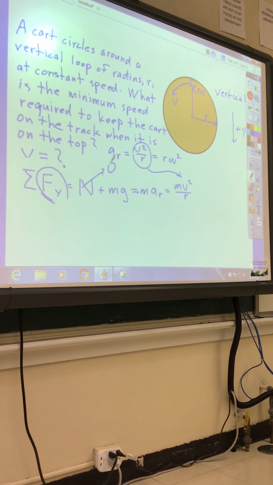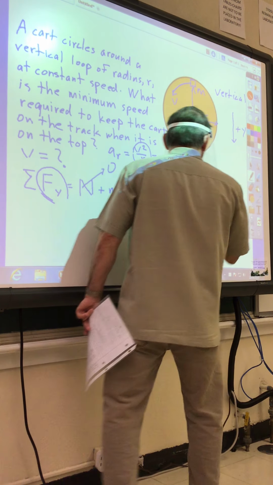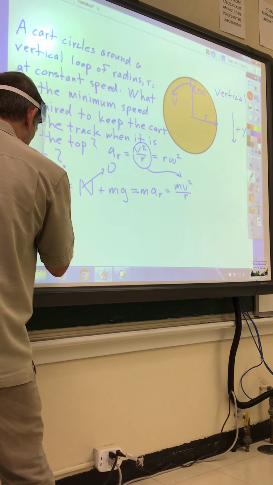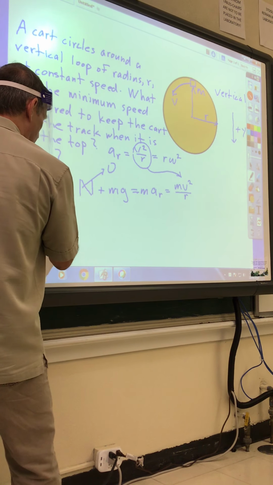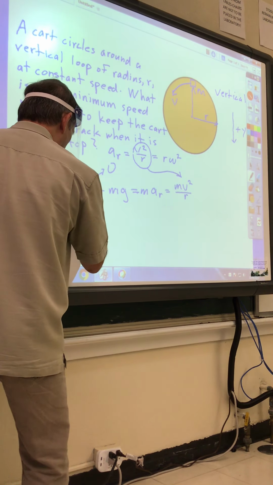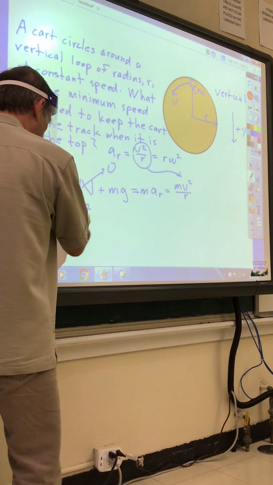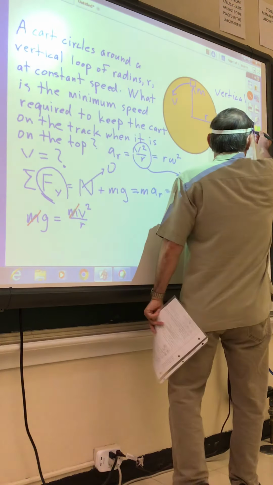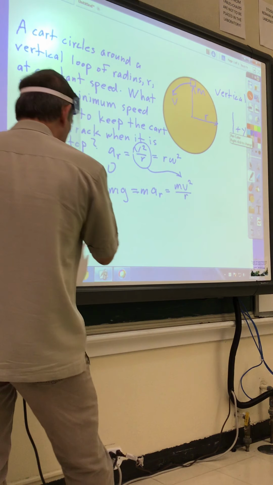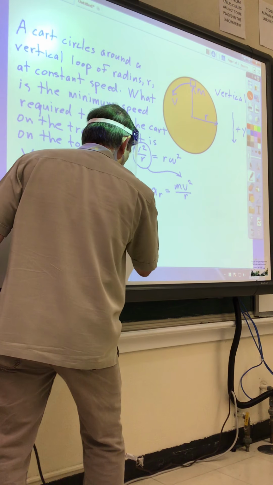Okay, I think most of you are tracking with this, so what this gives us is mg equals mv squared over r. Now notice that the mass cancels. I anticipated it might. So that gives us g equals v squared over r.